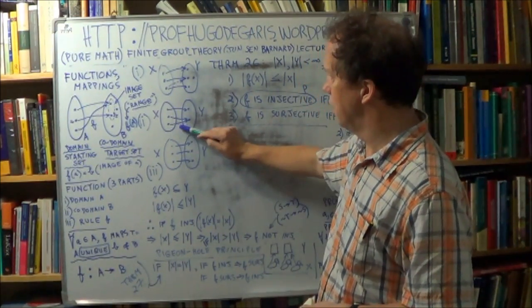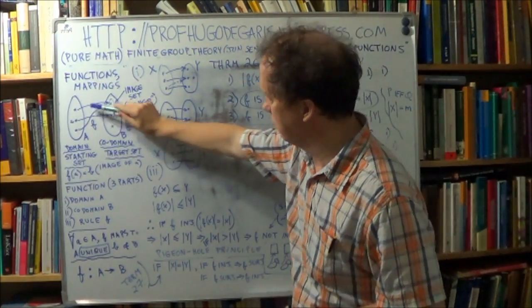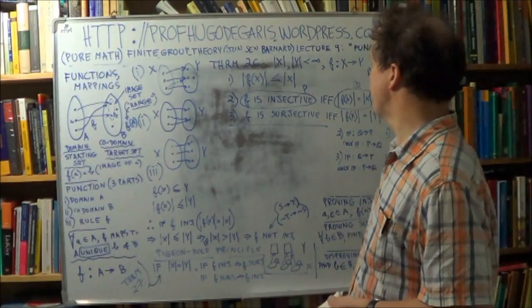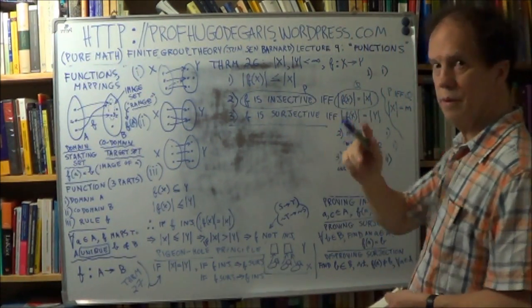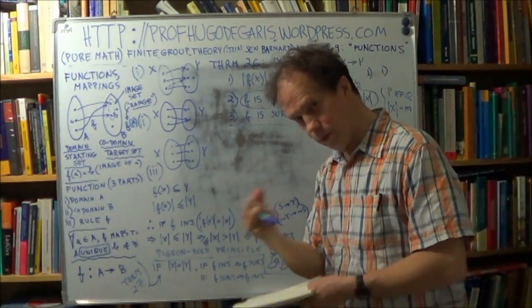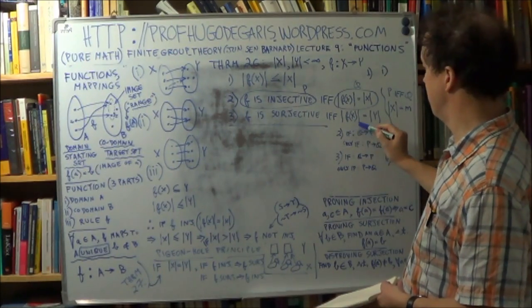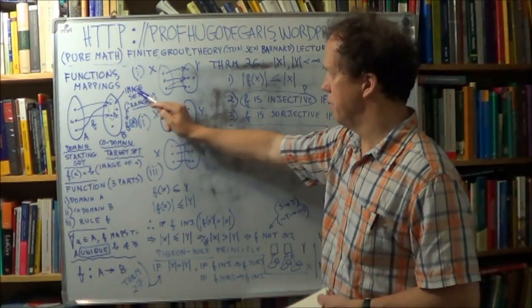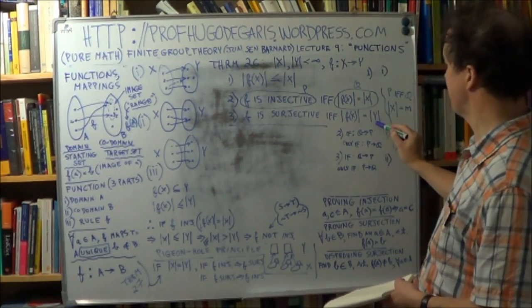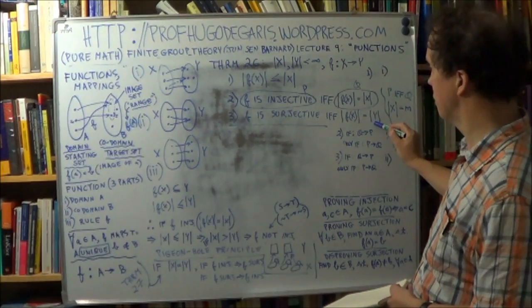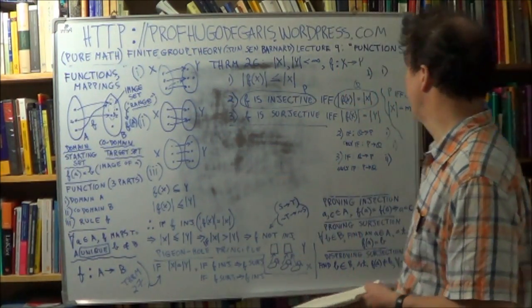So surjective, not surjective because of this loner, and this one not surjective because of this loner. All right. F is surjective if and only if, so again, a double-barreled proof. We have to go both ways. If the size of your range or image set is equal to the size, now not of X this time, it's the size of Y. And what's Y? Y is your target set.